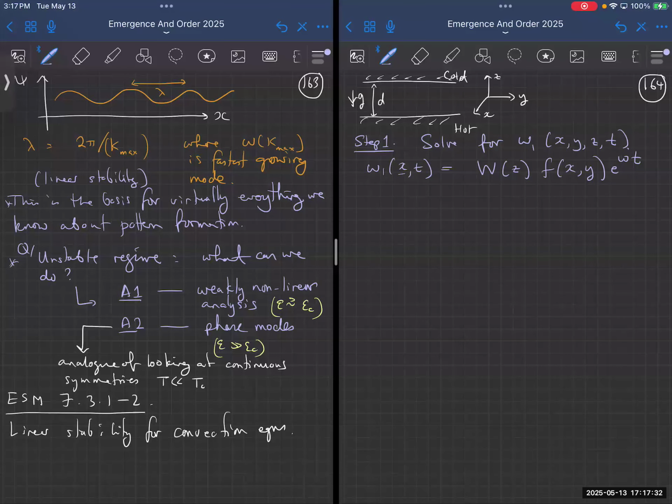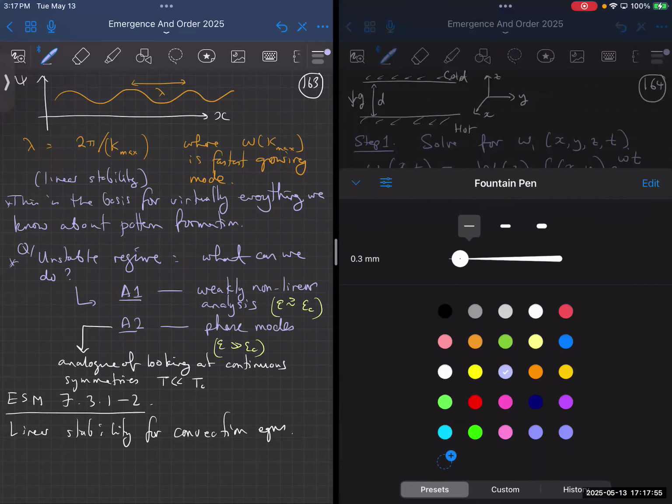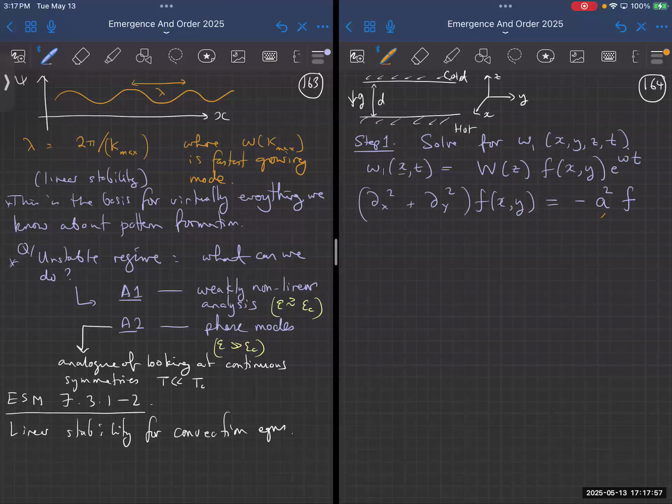Plugging that in, the equation for these terms is: d x squared plus d y squared of f of x, y equals minus a squared f, where a is some eigenvalue.